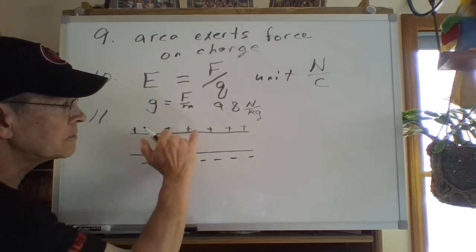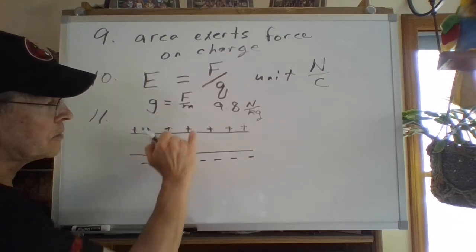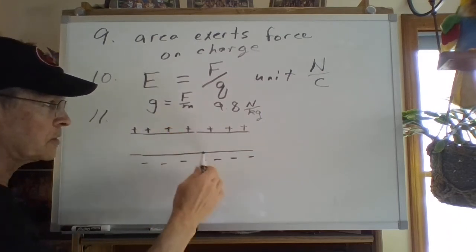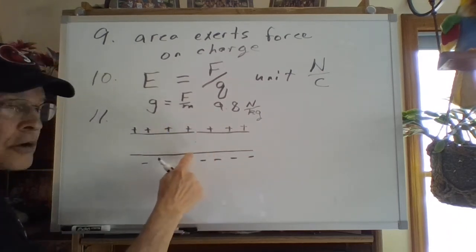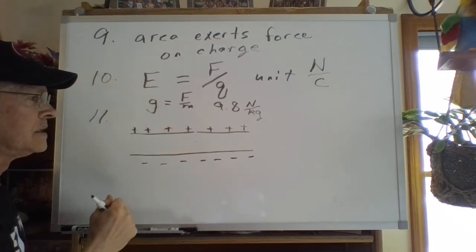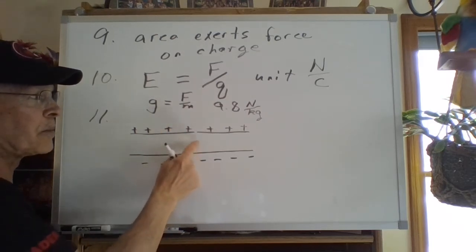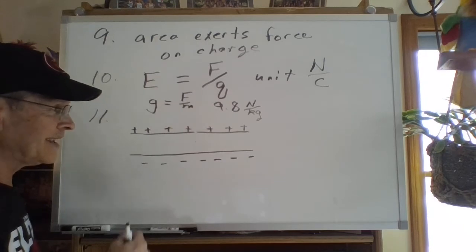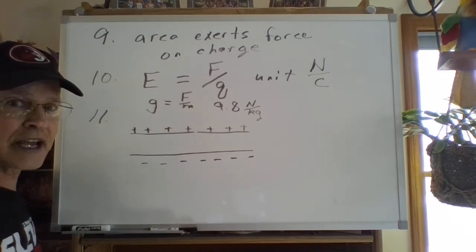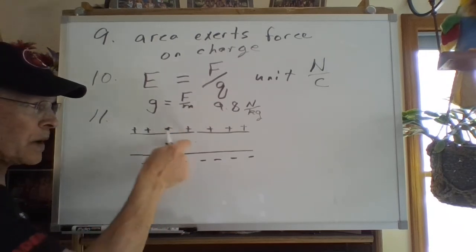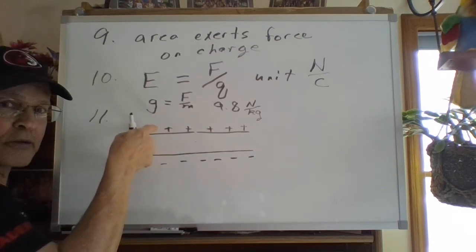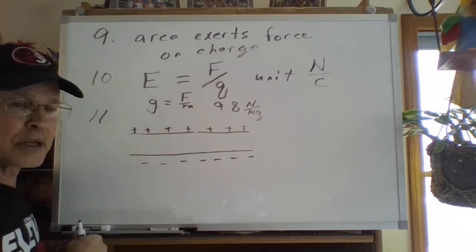A little drop of oil dripped through here, and the drop of oil was suspended because he turned up the voltage on these plates. It was repelled by the bottom plate and attracted to the top plate. That's how he figured out how much charge it had, by knowing the weight of the oil droplet and the electric force exerted by these two plates.